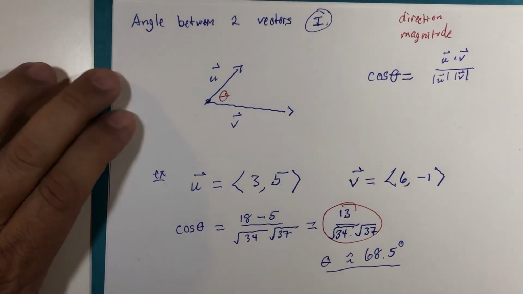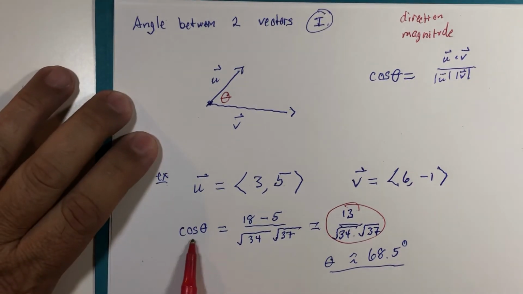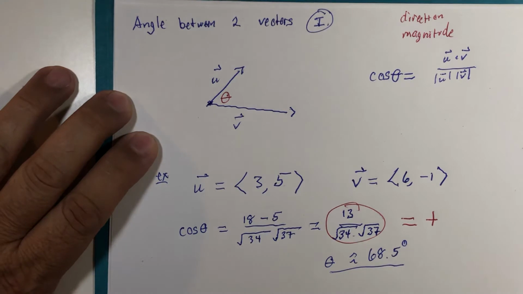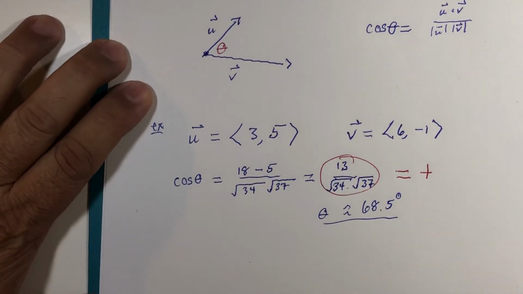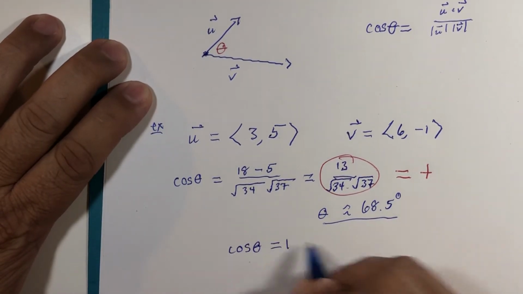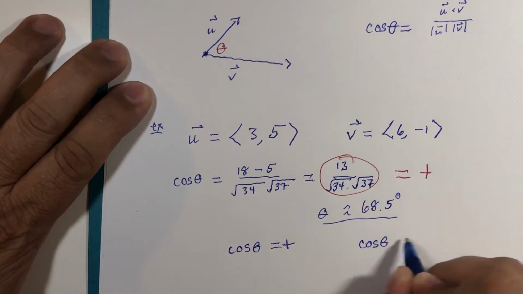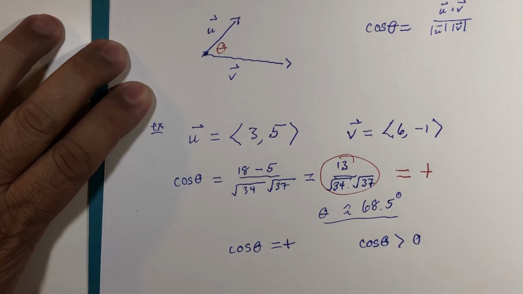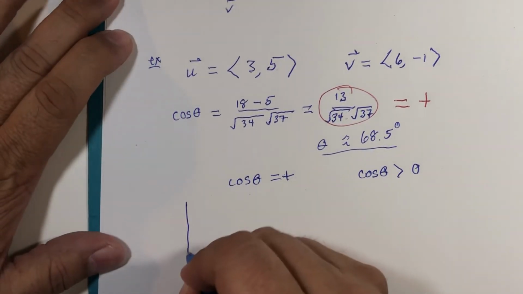And that is this little piece of information. If the cosine of theta is a positive value, what that means is, if cosine of theta is positive, or cosine of theta, more appropriately, is greater than 0. Well, that happens if I use a circle representation.